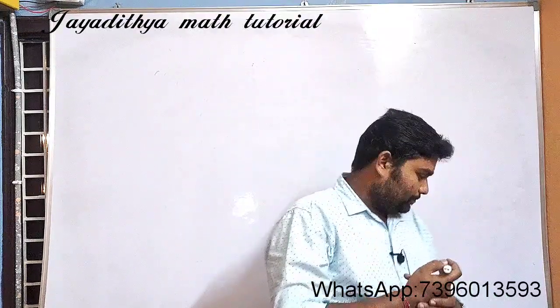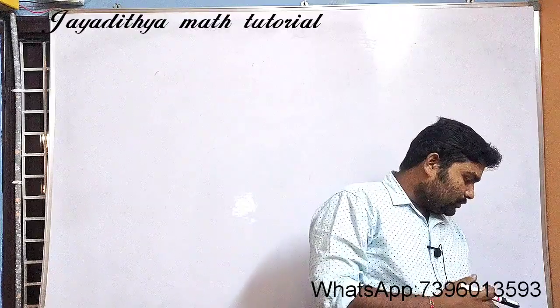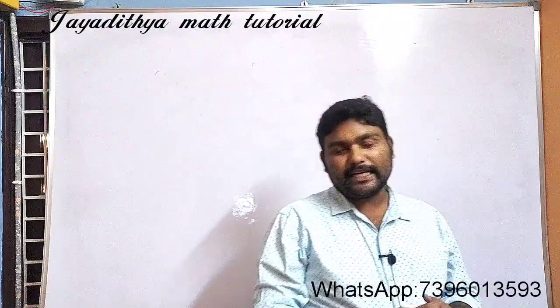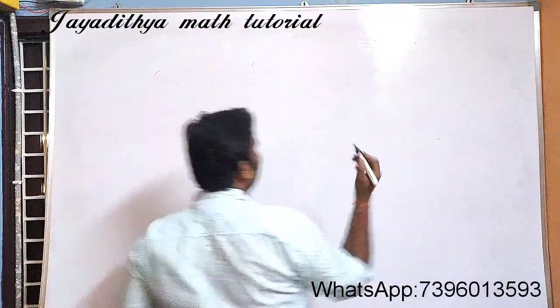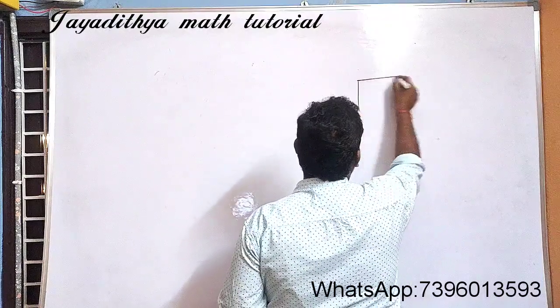The next question is, there are two cubes, each of volume 64 centimeter cube. Nana, he has given the volume for us. There are two cubes, it seems.